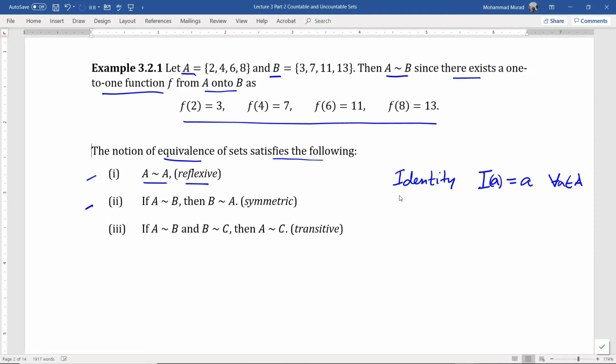2. If a set A is equivalent to the set B, then the set B is also equivalent to the set A. This property is called the symmetric property.